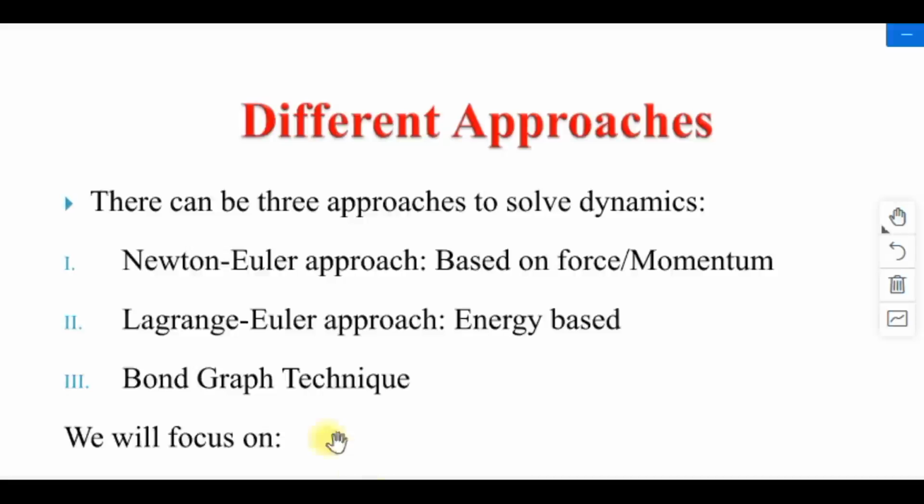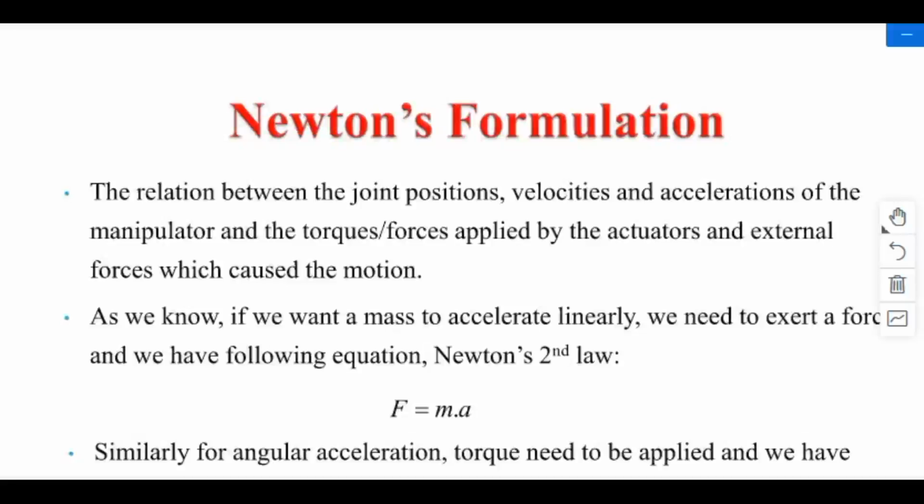So look at Newton Euler approach, Lagrange Euler approach and the bond-graph technique. So Euler is common for Newton and Lagrange. Means Euler modified the Newton formulation such that it is applicable for dynamic equation formation.